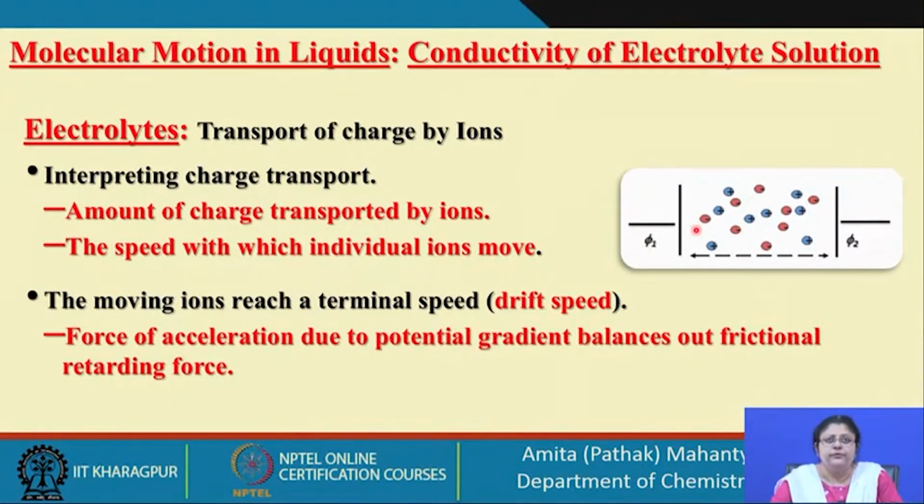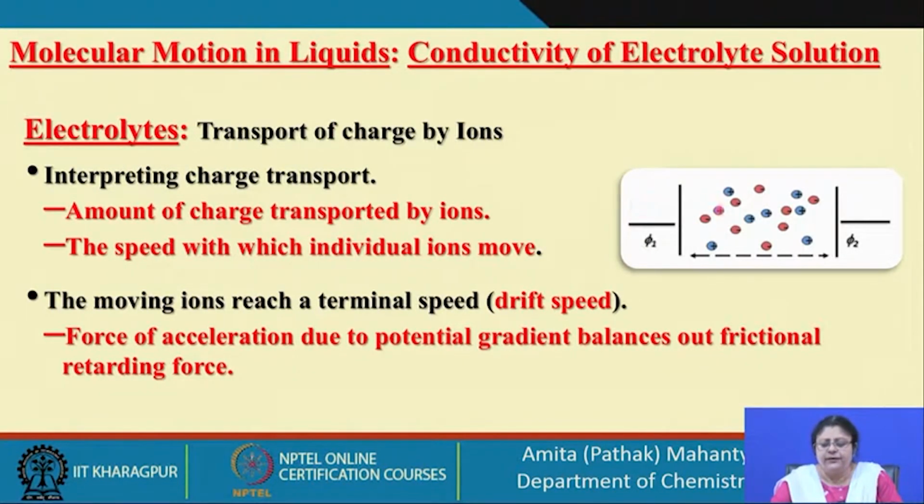So, the transport of the charge carried by the ions can be interpreted by the amount of charge transported by the ion, and also the speed with which the individual ion moves with that particular charge.